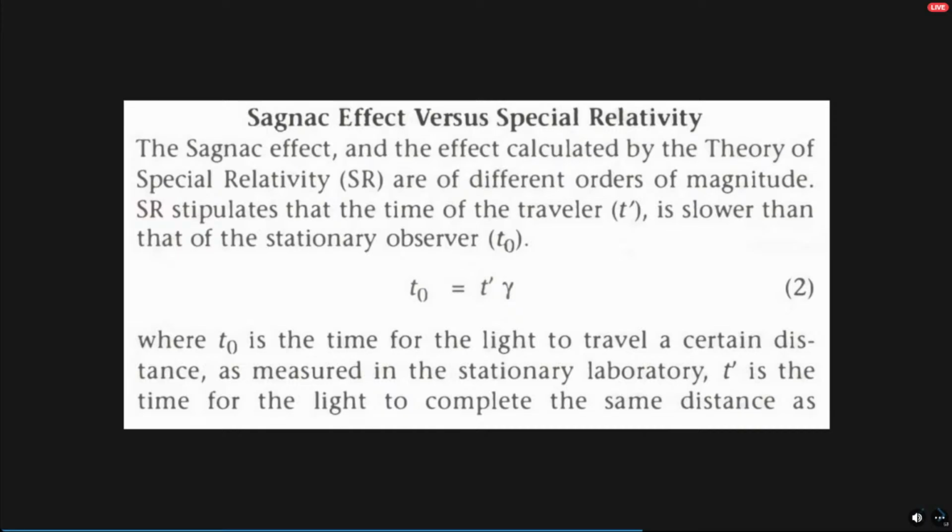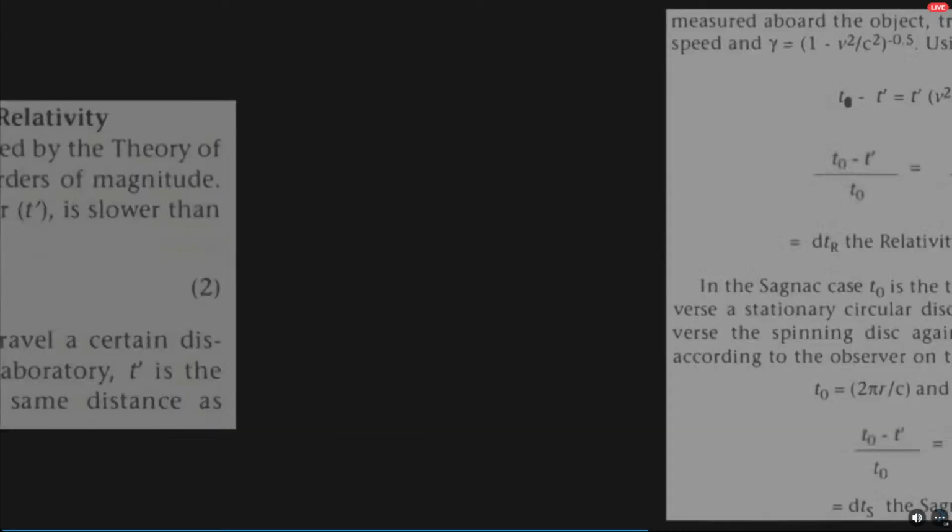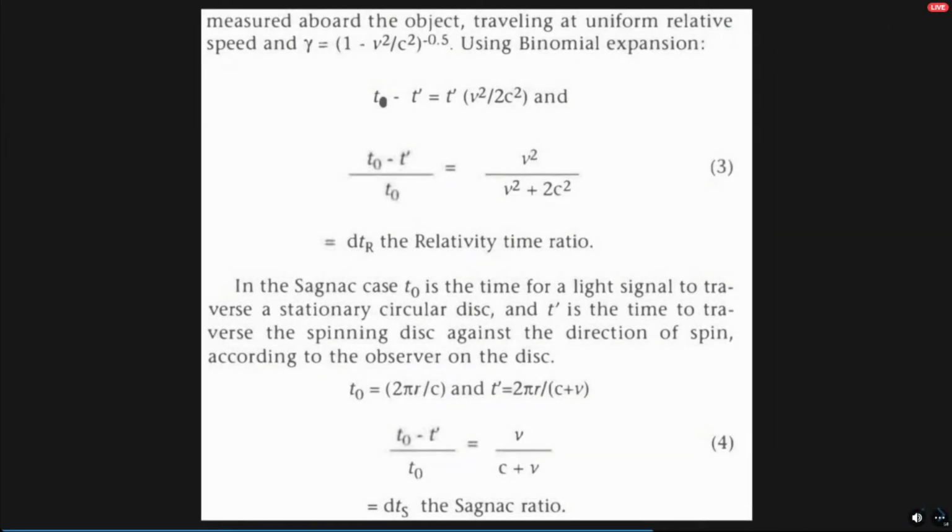Where t naught is the time for light to travel a certain distance as measured in the stationary laboratory, t prime is the time for light to complete the same distance measured aboard the object traveling at a uniform relative speed, where gamma equals 1 minus v squared over c squared to the 1/2. They're using a binomial expression.